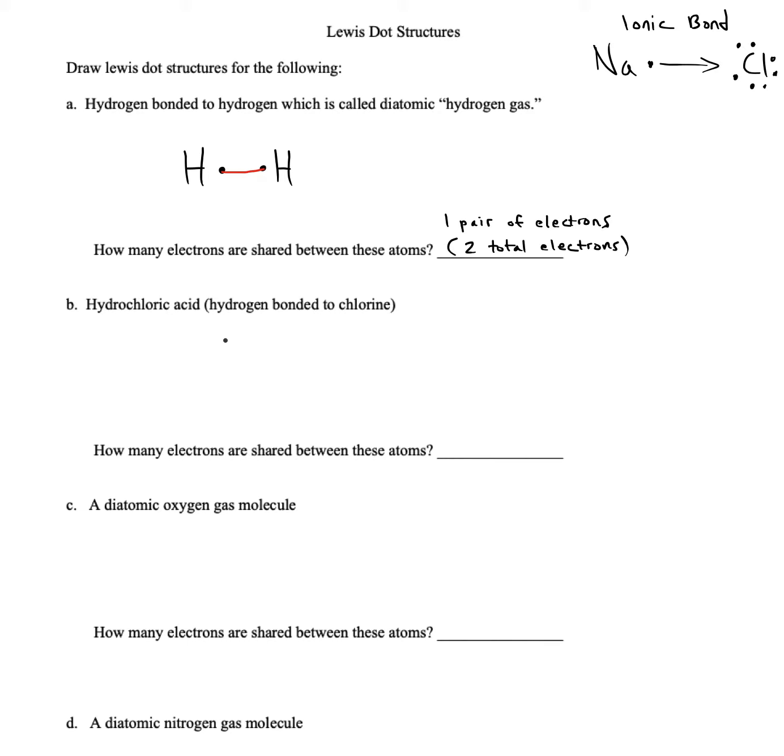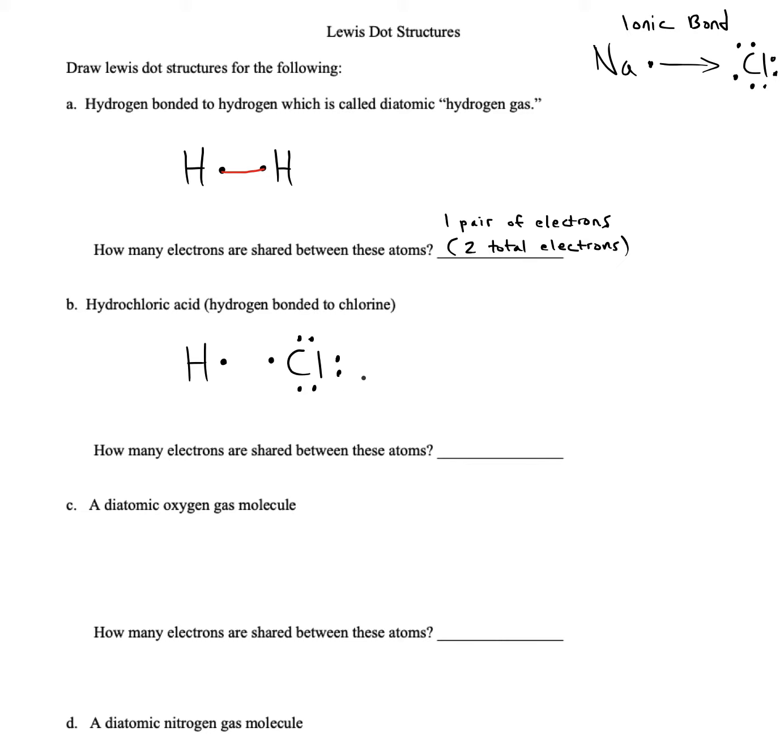Now let's see what it's like when we bond hydrogen with chlorine. In the Lewis dot structure for hydrogen, we'll just draw 1 valence electron. But when we draw chlorine, we want to draw 1, 2, 3, 4, 5, 6, 7 dots.